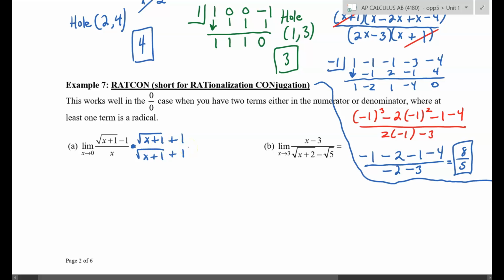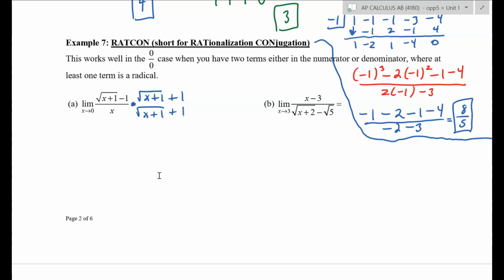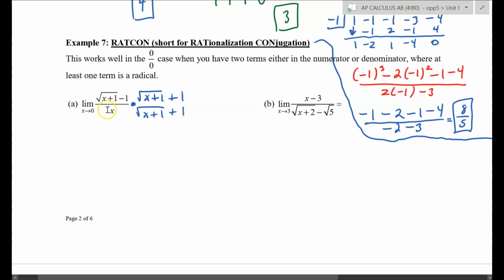What's the whole point of multiplying by a conjugate? To get rid of the radical, right? But when I do that, what's going to happen to the inners and the outers? They cancel, right? So I know I'm foiling the top. Guys, what's any radical times itself? What's underneath it? So I'm going to have the limit as x goes to 0 of x plus 1.